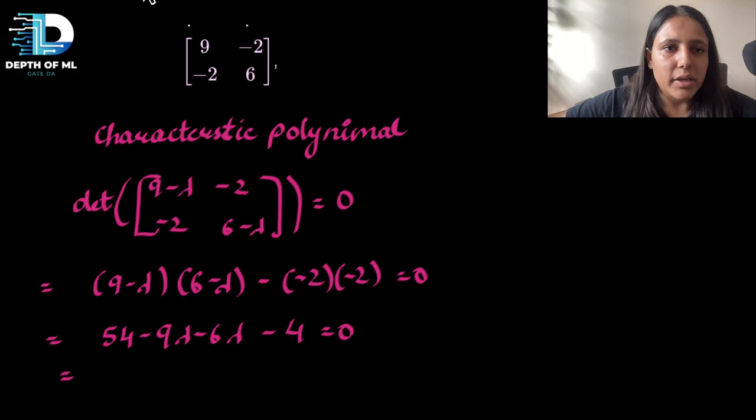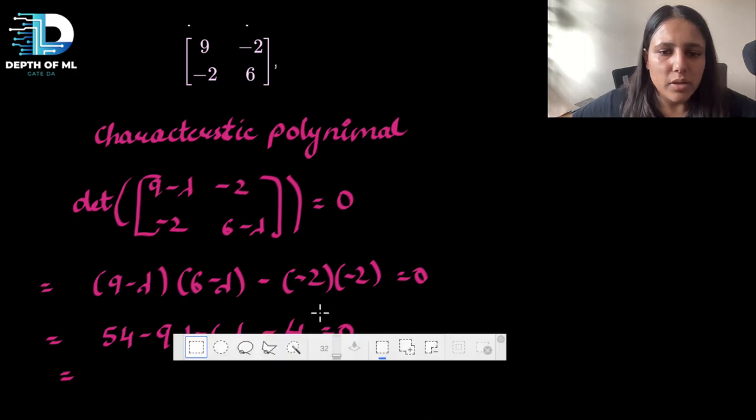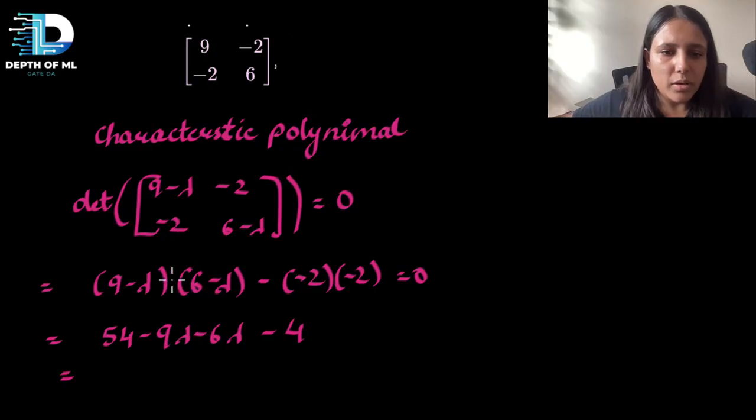Yes, I have missed lambda square. So let me just erase this. Minus lambda, and here I missed one term, which is lambda square, is equals to 0. Then 54 minus 4 is 50. So this is lambda square minus 9 lambda minus 6 lambda, which is minus 15 lambda. I'll just add them up here, and then I have plus 50 is equals to 0.